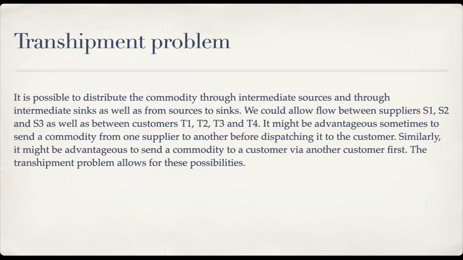The next problem we call the transshipment problem. When we have a number of suppliers, we also have a number of customers, and we want to ship goods from supplier to customer through the network.